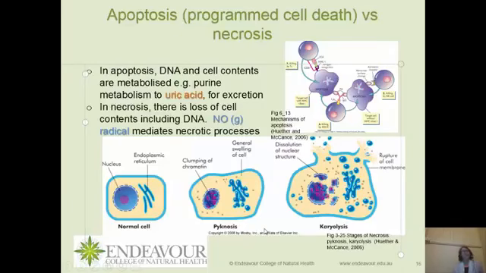Another important body process that you're going to need to talk about for a whole variety of agents will be apoptosis versus necrosis. This is an actual mechanism of toxicity that we want you to research to see if it might be relevant for your chosen agent that you're going to research.